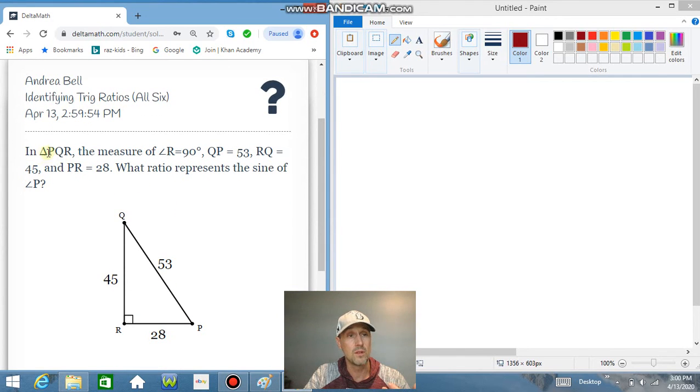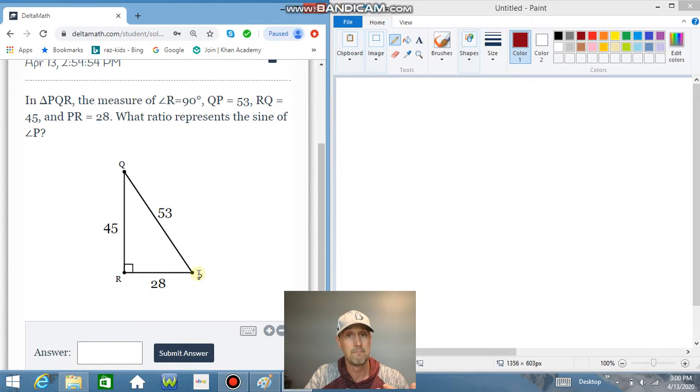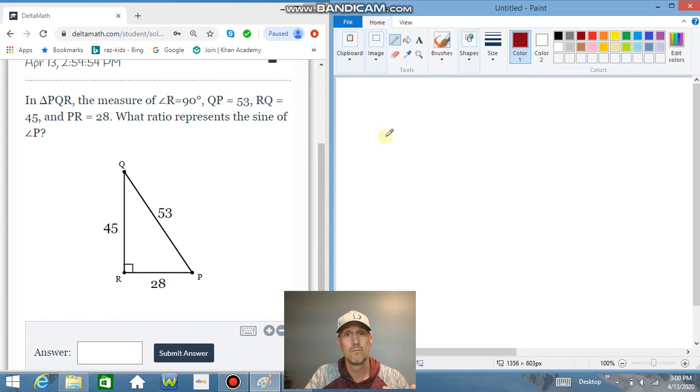All right, so in triangle PQR, they give us the measure of these angles, the length of these sides. They also give that to us in the diagram. What ratio represents the sine of angle P? All right, so we know sine. Over here in Paint Artist, it's not very clean and neat, but still, it's pretty easy to follow.